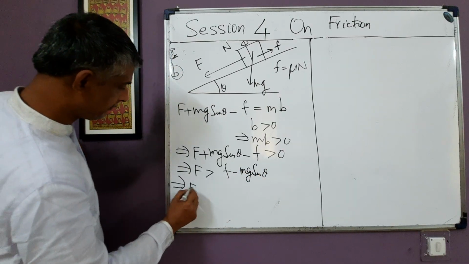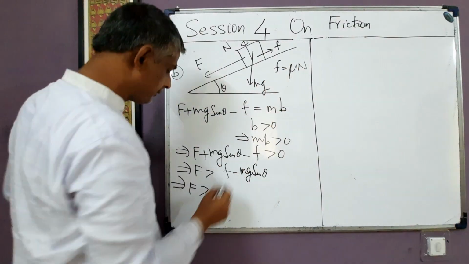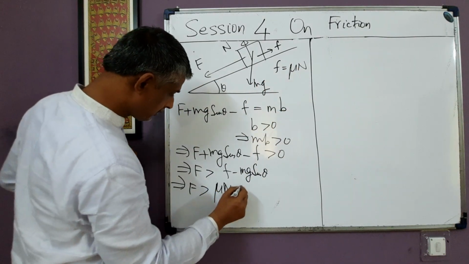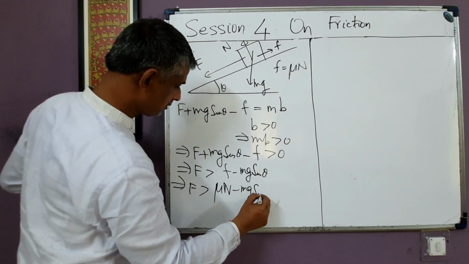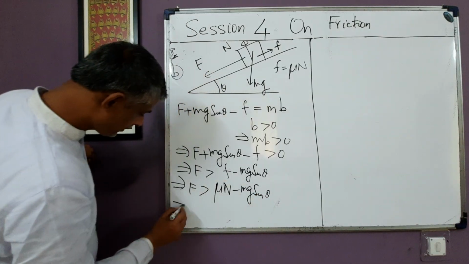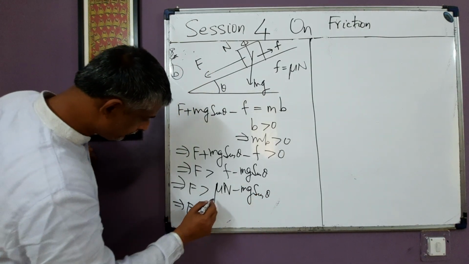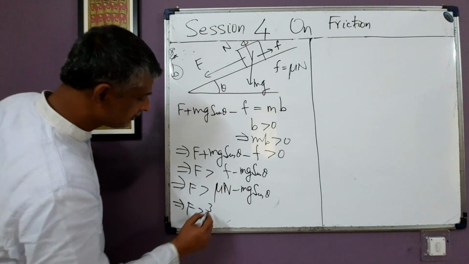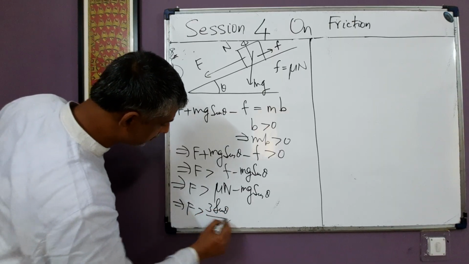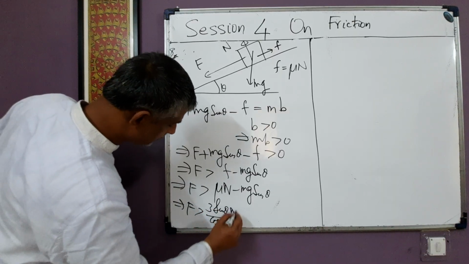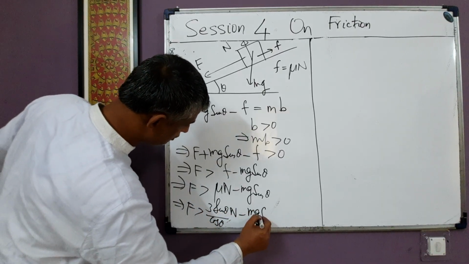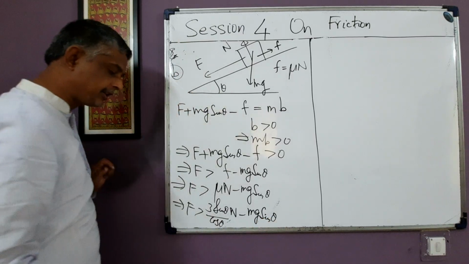This means F is more than, f can be written as mu N, mu N minus mg sin theta. This means F is more than, mu is simply 3 tan theta, that is 3 sin theta by cos theta from trigonometry, times N, minus mg into what? Sin theta.